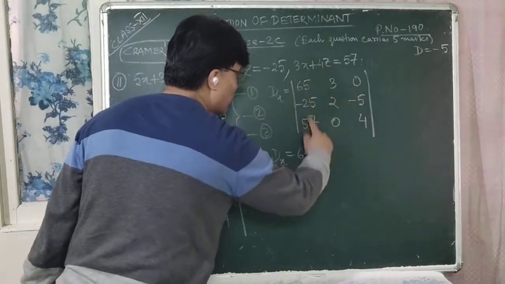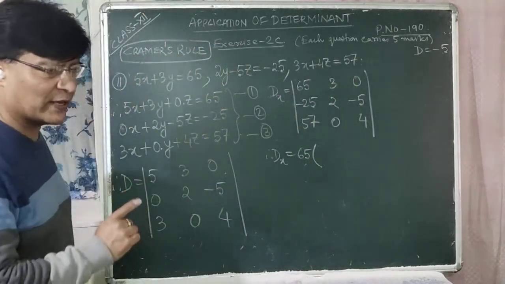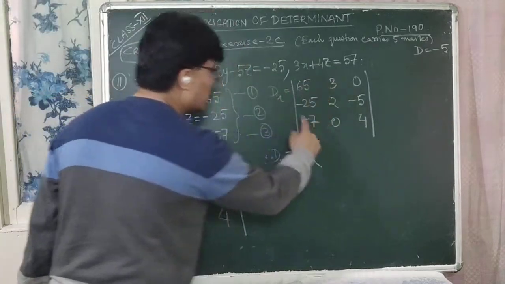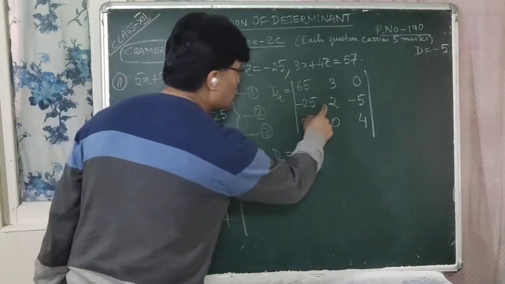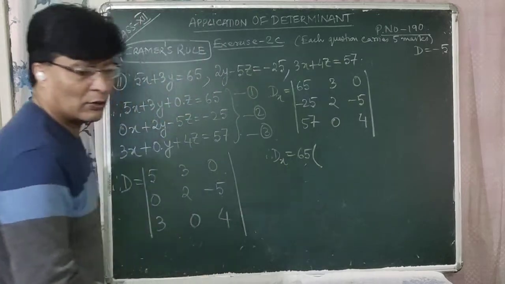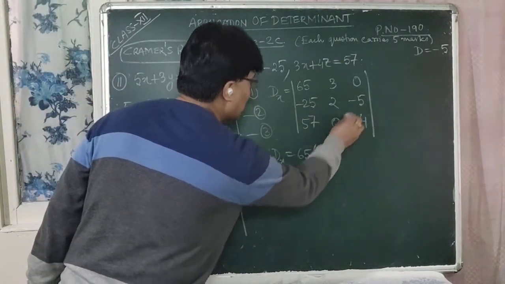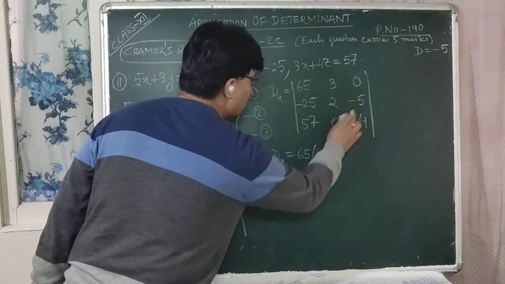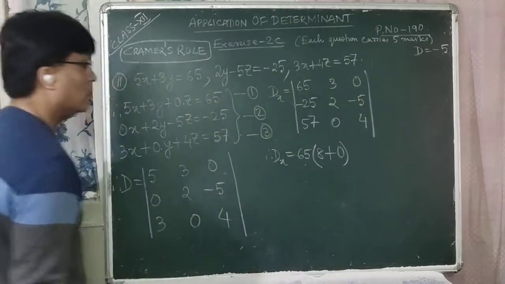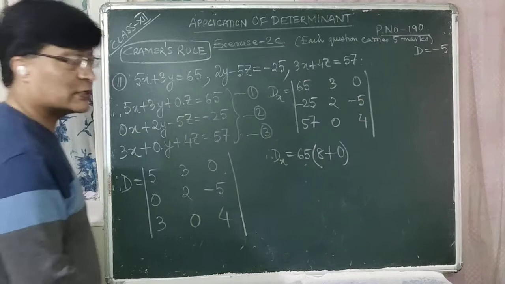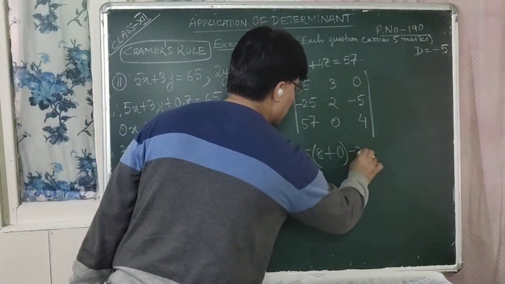Delete the row and the column through the element 65. That means first row and first column are deleted. What remains? 2, minus 5, 0, 4. Now cross multiply 2 by 4, that is 8. And minus 2 minus plus 5 zeros are 0. Is that clear? Next comes minus 3.